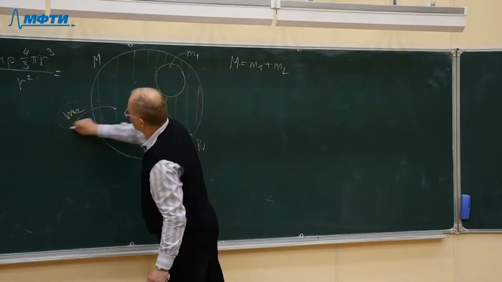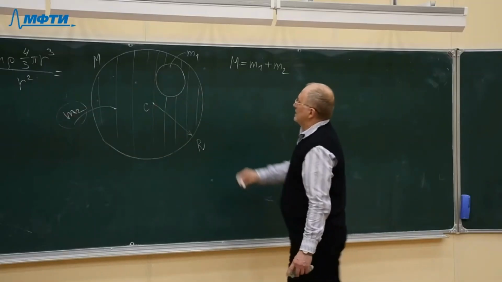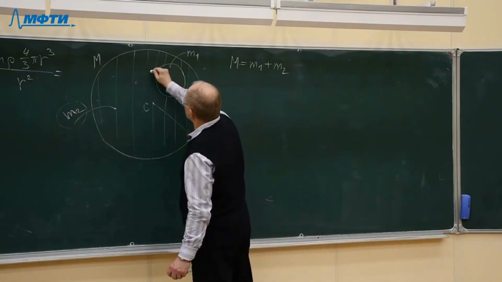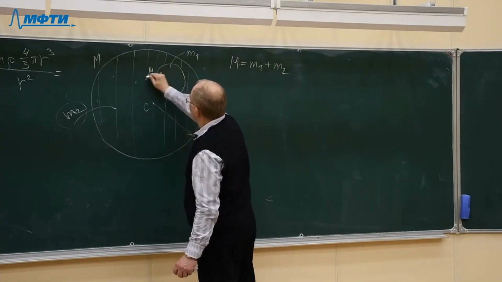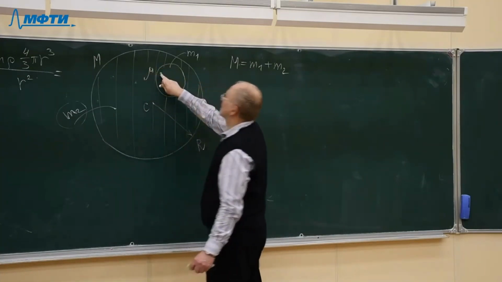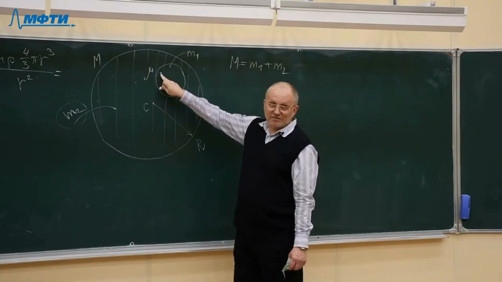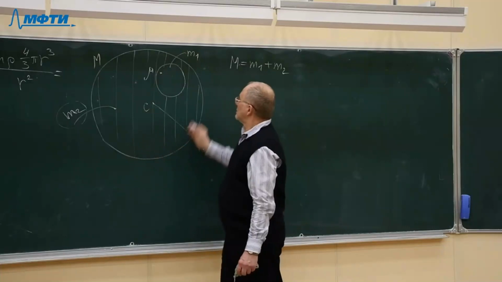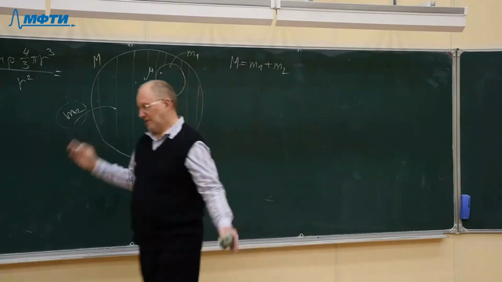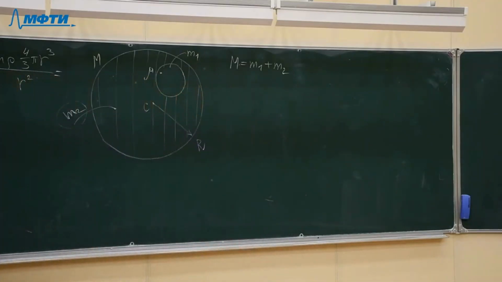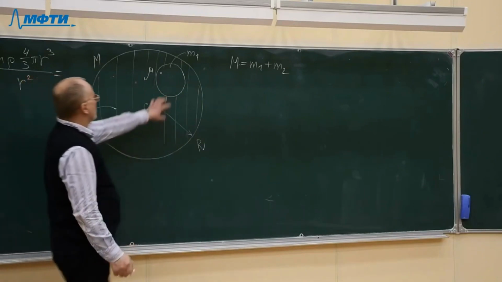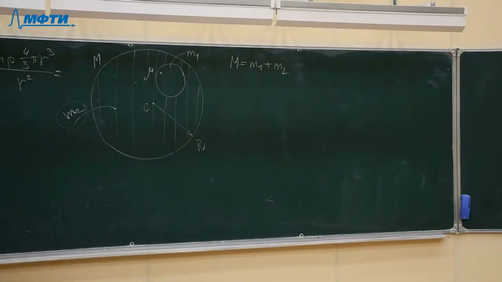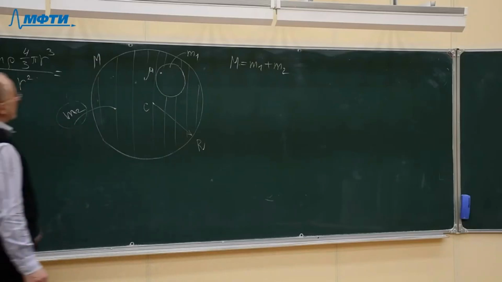And there is a small body with the mass mu, and we have to determine what force acts on this small body from the mass M2, from this body of complicated form, spherical form with a spherical cavity inside.